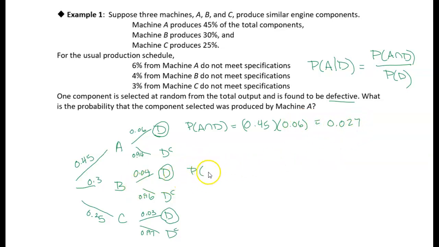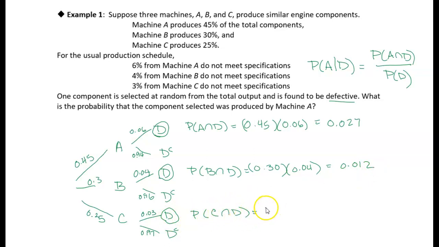The probability that it came off of B and is defective. So we have a 30% chance that it came off of B, and of the parts that came off of B, 4% are defective. Okay, multiply that out, you get 0.012. All right, the last way that it could be defective would be it came off of C and is defective.